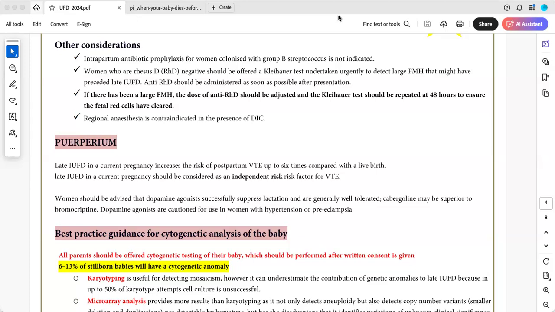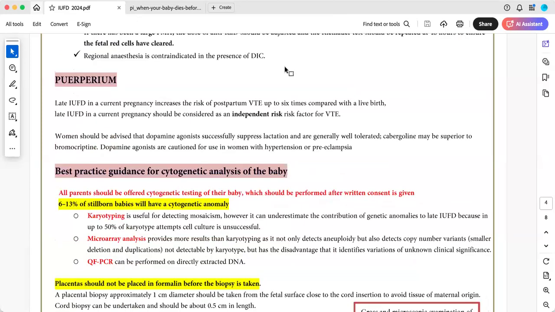We all know that the event of fetal death, late intrauterine fetal death, increases risk factors for VTE, and here it's very clear they wrote up to 6 times compared with a live birth. Late IUFD in the current pregnancy should be considered an independent risk factor for VTE.